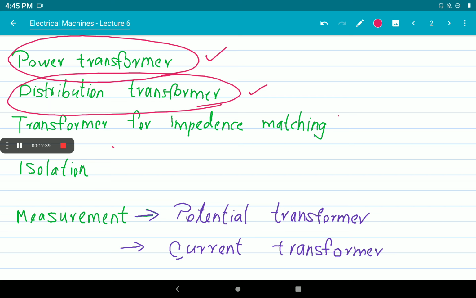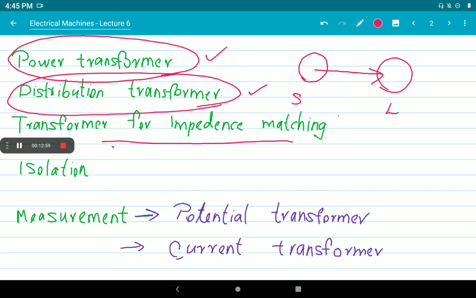Another application is that the transformer is used for impedance matching. What do we mean by impedance matching? Why are we matching the impedance? That means we are transferring power from one source to one load. This one is the source and this one is the load.